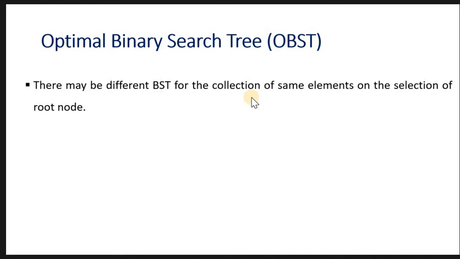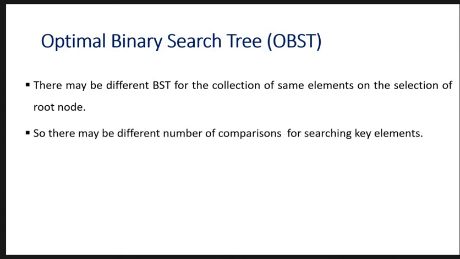There may be a different BST for the collection of the same elements depending on the selection of the root node. So there may be a different number of comparisons for searching a key element. Binary search tree is very useful for searching an element in log n time.